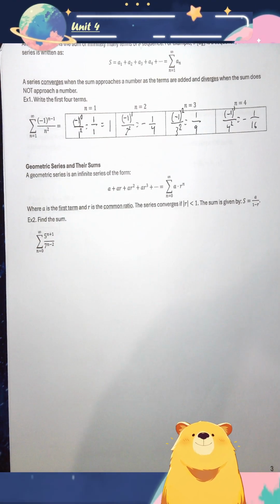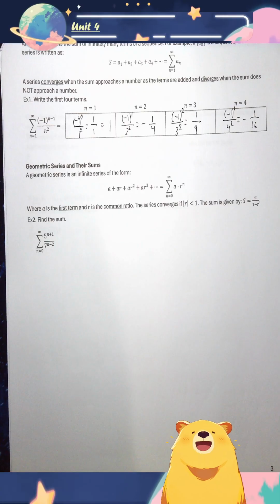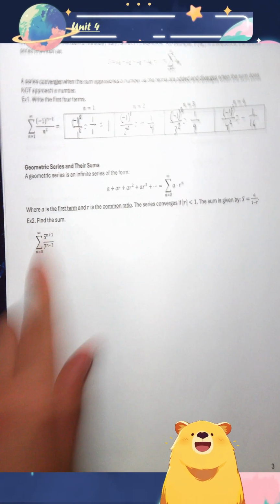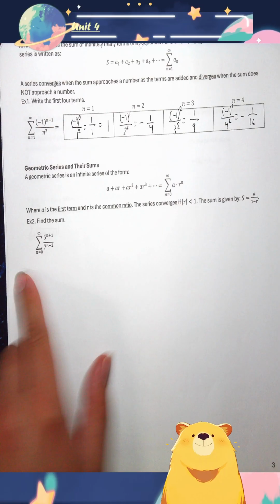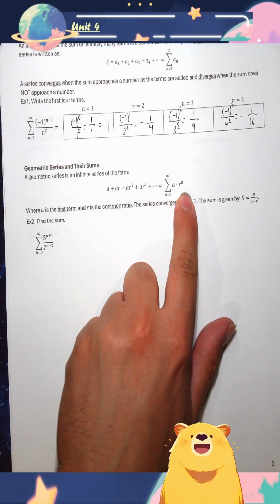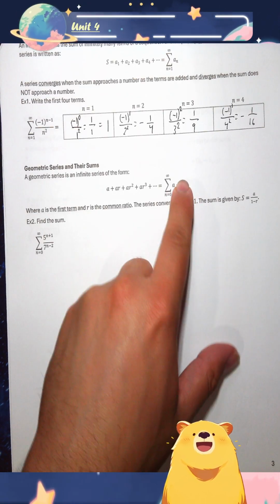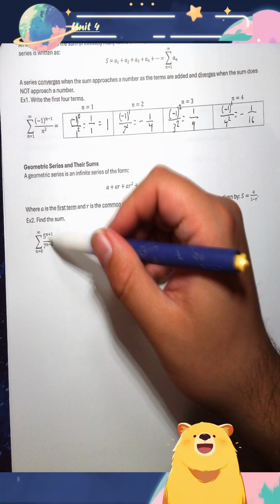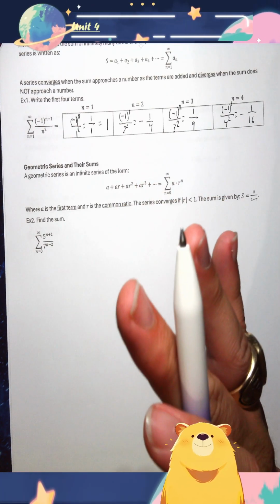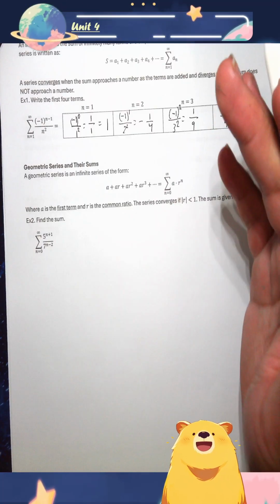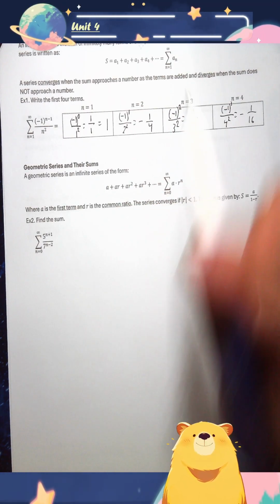Because this is not written like the form above. We don't have some constant multiplying some other number to the power of n. But we see that we have powers of n here. So we can just use common algebra to manipulate this a little bit.